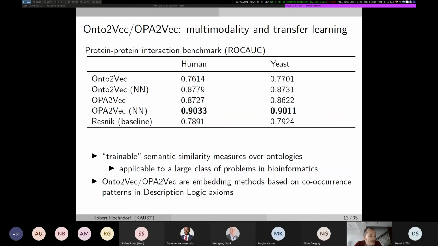There was still something that we were not happy with at the time. And this is that this is essentially a method that ignores all the semantics of the axioms in our ontologies. It's only based on word co-occurrences because it uses word2vec. And the question is, are we able to come up with an embedding method that actually captures this semantics?